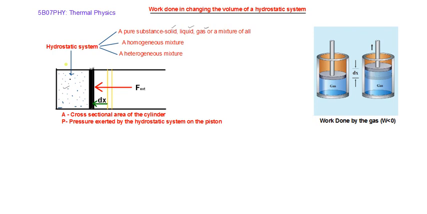The initial position of the piston is shown by the two yellow lines here, and let us say that the external force which acts on the piston be F external. F external is the external force acting on the system. Let the area of cross section of this piston be A here. A is the area of cross section of the piston.